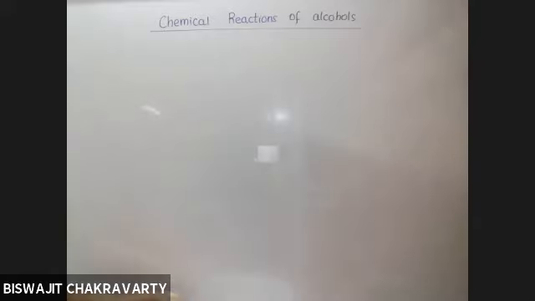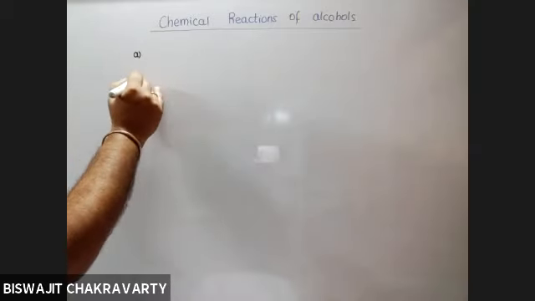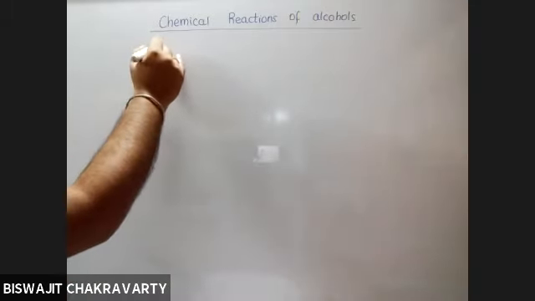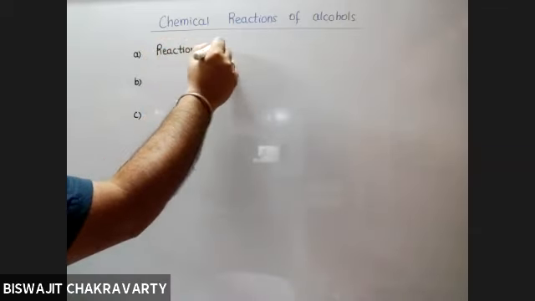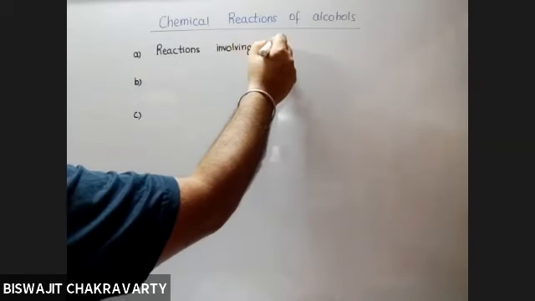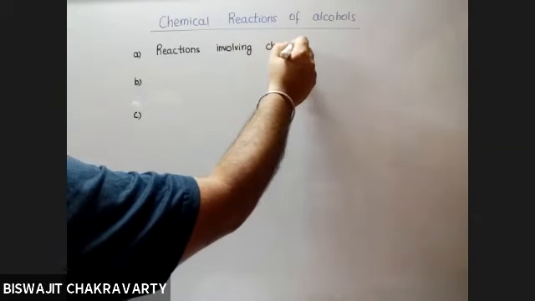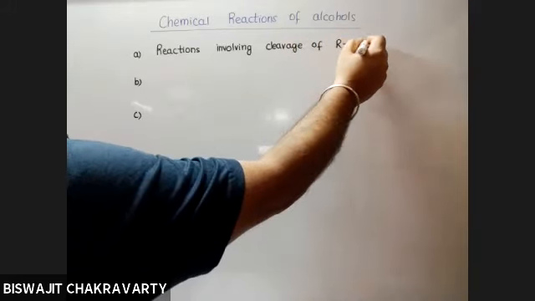Under chemical reactions of alcohols, we will categorize reactions into 3 types. Reactions involving cleavage of R bond OH.